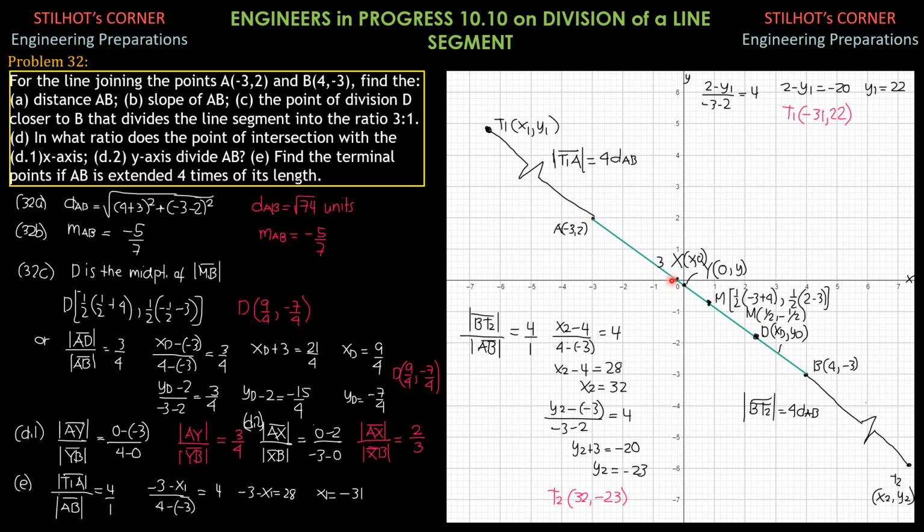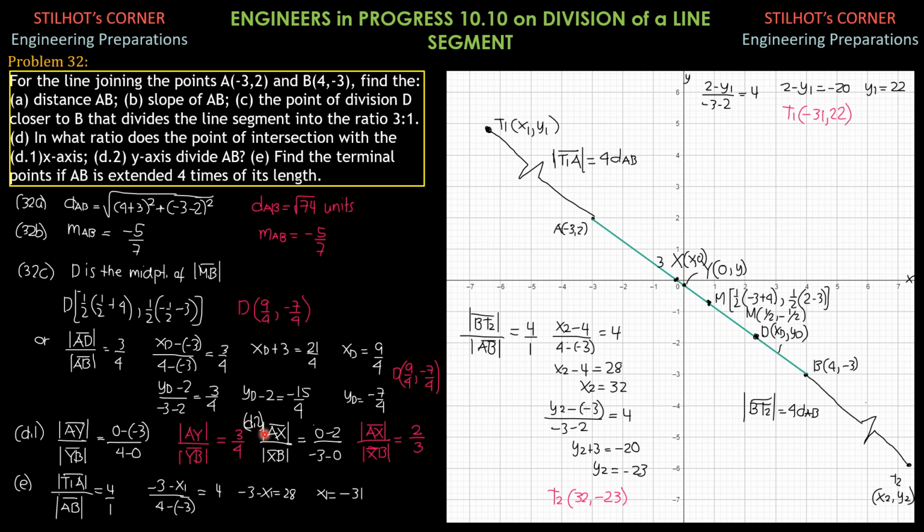Likewise, AX as to XB is the ratio of the corresponding vertical projections. So this is 2 units, obviously, and the vertical projection of XB is 3 units. Therefore, it is 2/3. So AX as to XB, if we use the coordinates, is 0 minus 2 over -3, the y coordinate here, minus the y coordinate of capital X, 0.